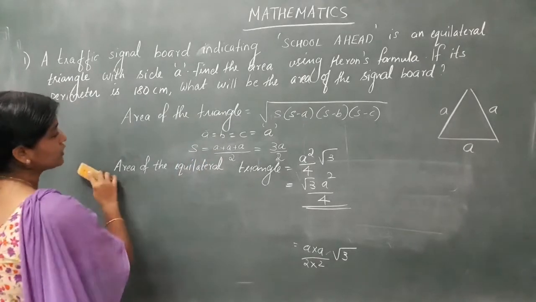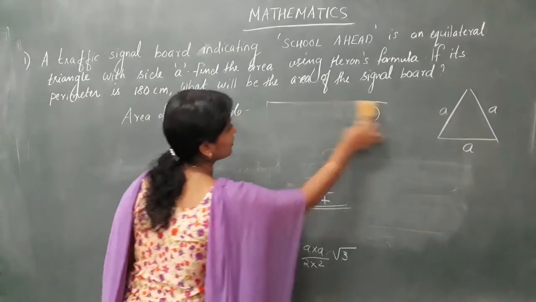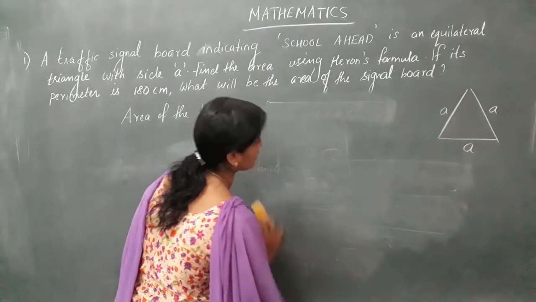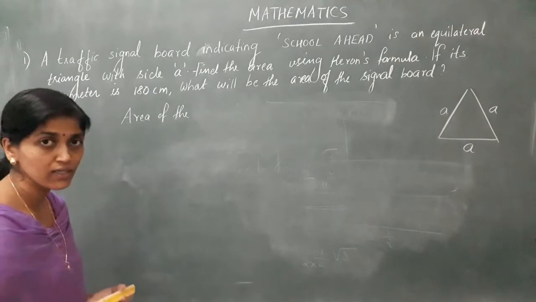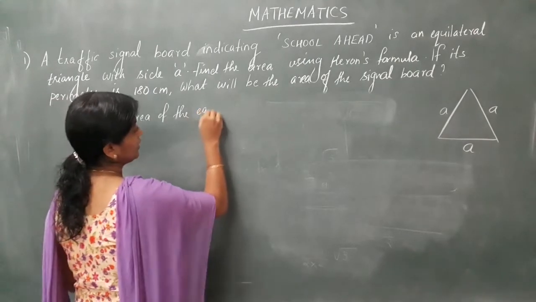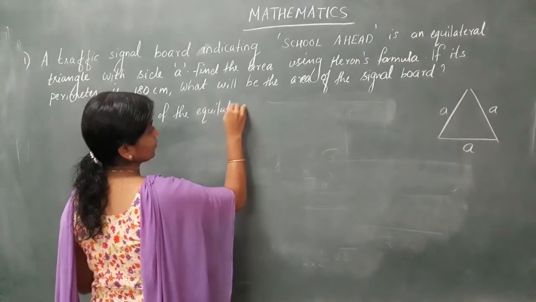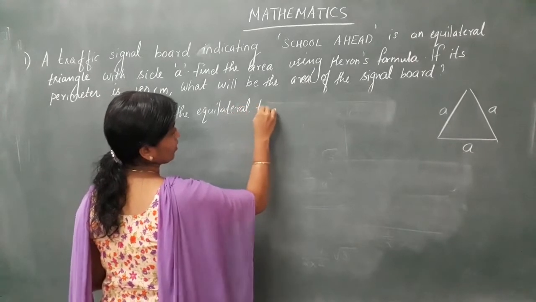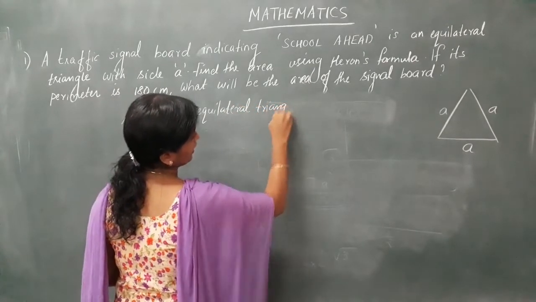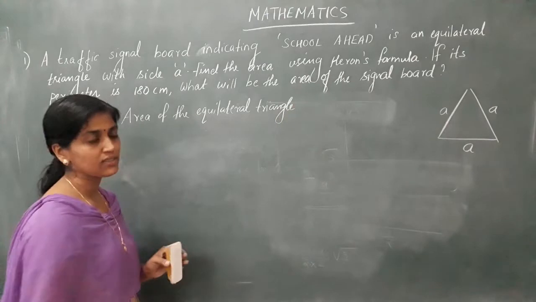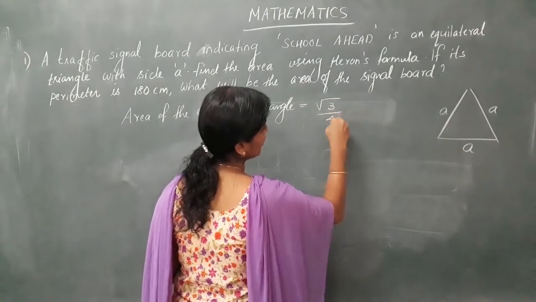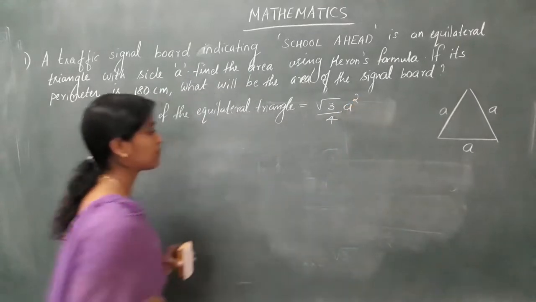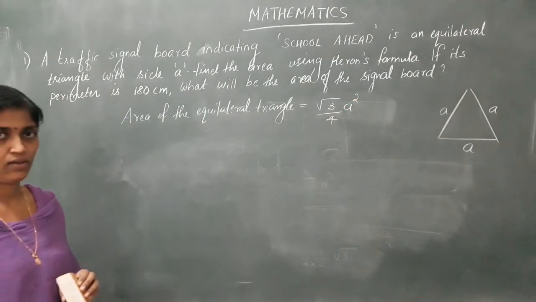So our first part is over, and from that, what did we find here? Area of the equilateral triangle, that's equal to root 3 by 4 A square.